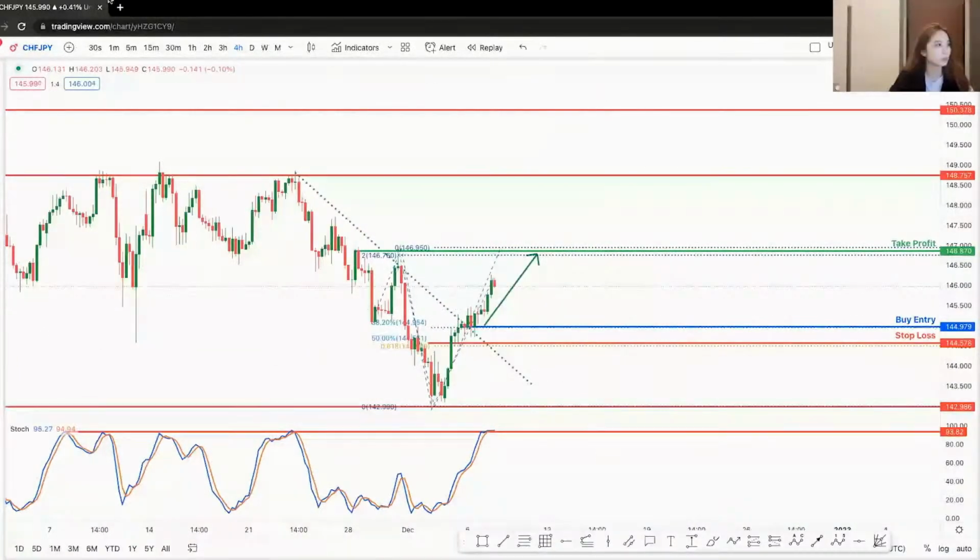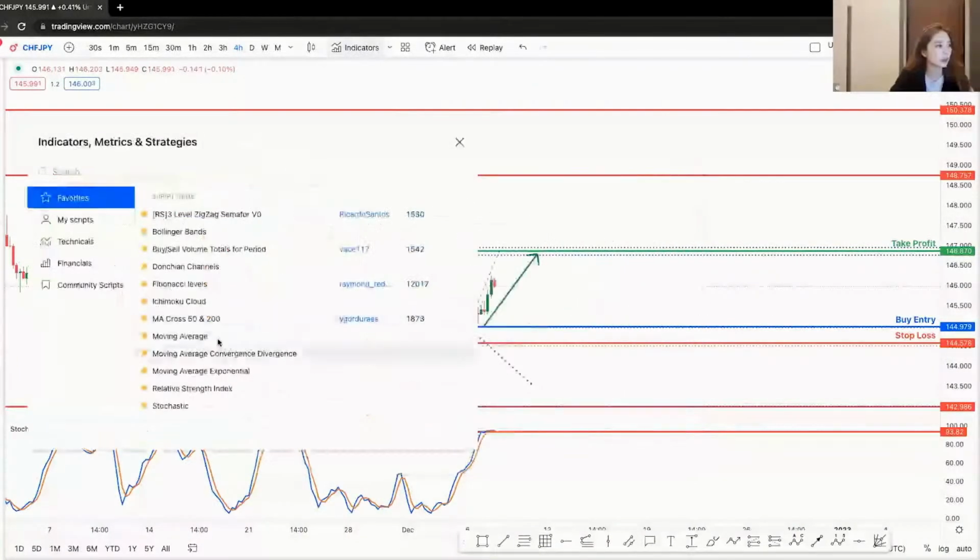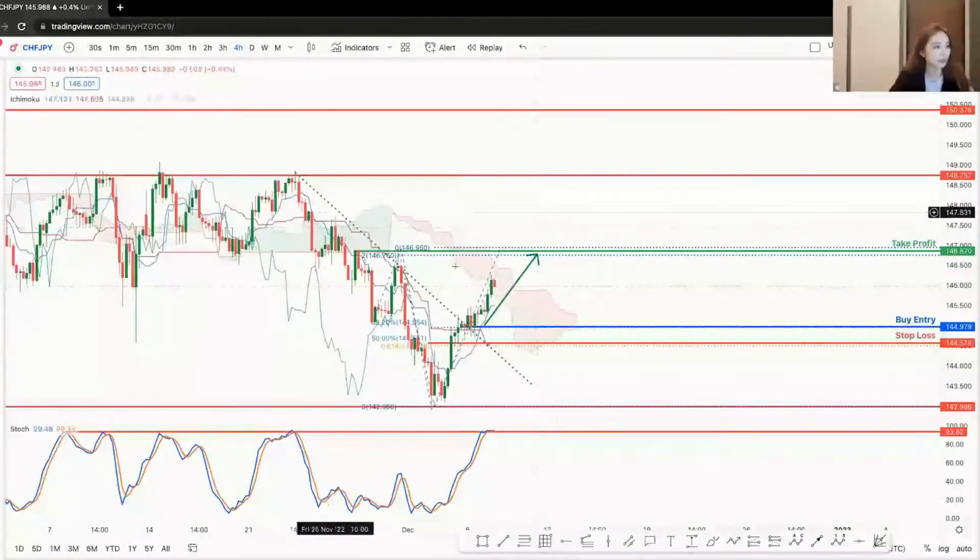All right, so this is what we are looking at. Let's see whether our Ichimoku cloud can give us some more information.